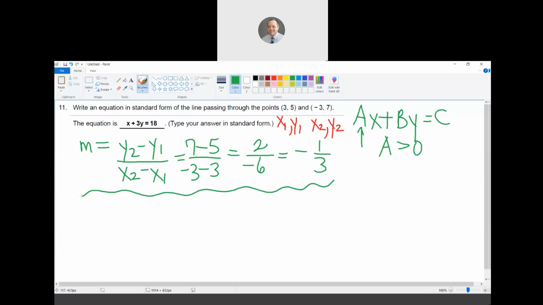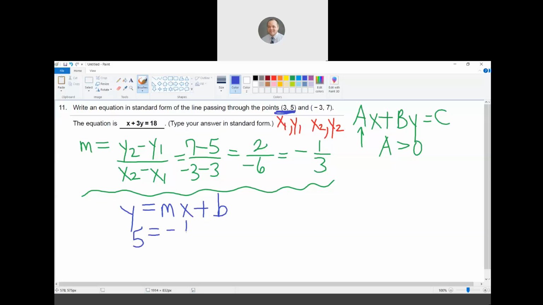Now you can find your equation several different ways. You can use the slope-intercept form, y equal to mx plus b. It doesn't matter which point you use, you'll get the same correct equation at the end. I'm going to use just 3 and 5. So in place of y, we'll plug in 5.